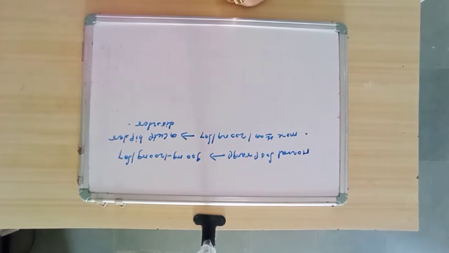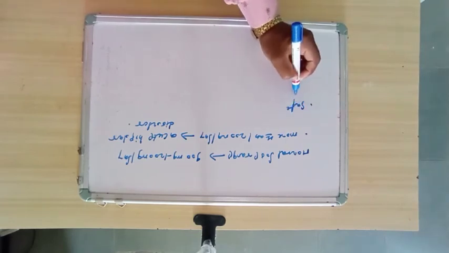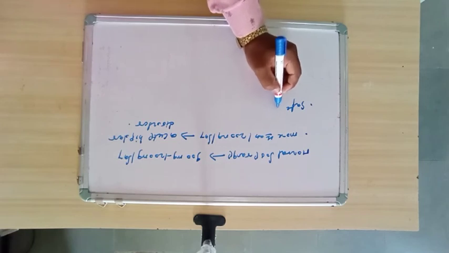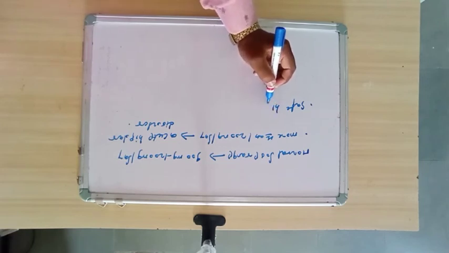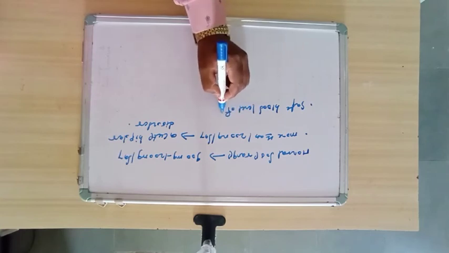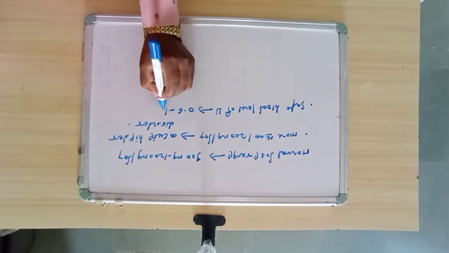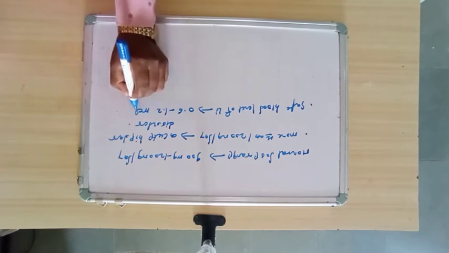Again, the safety, or we can say a safe blood level of lithium is between 0.6 to 1.2 milli equivalent per liter.